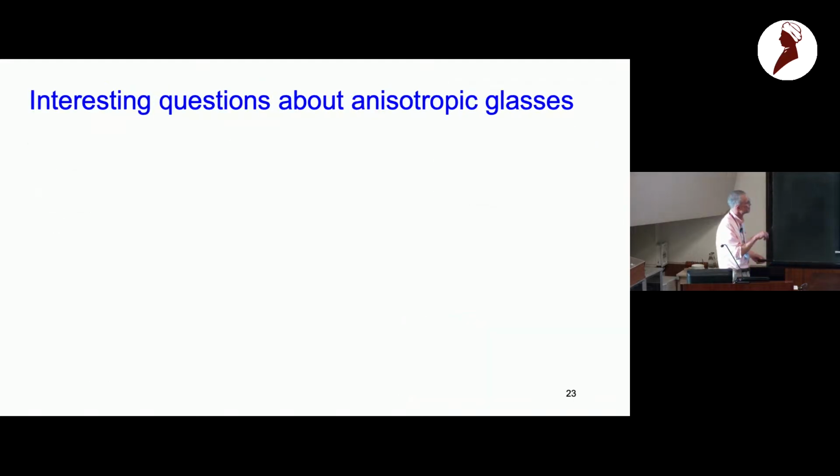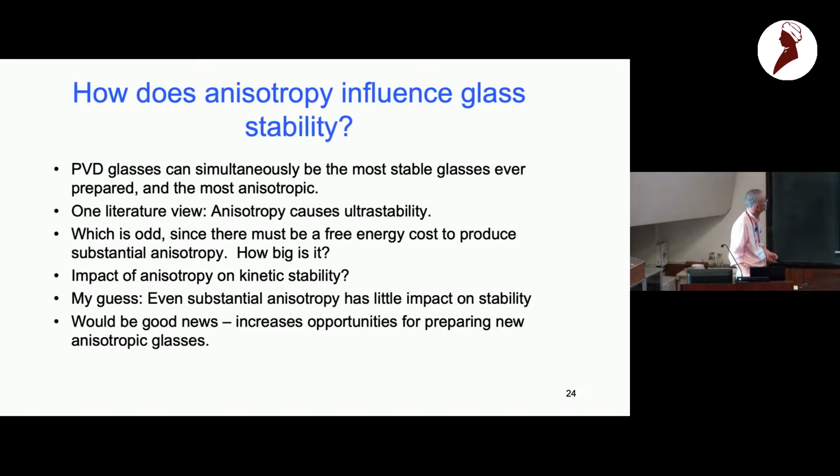Okay, so I just wanted to spend the last couple minutes on some interesting questions in this vast array of glasses which are fairly unexplored. One is, what's the interaction between glass stability and anisotropy? So I should tell you that PVD glasses can be the most stable glasses prepared by any means.